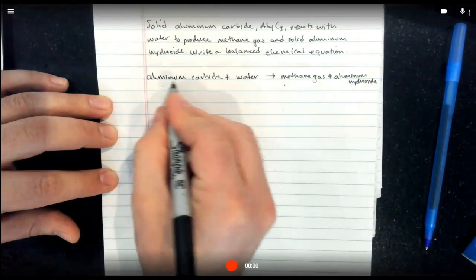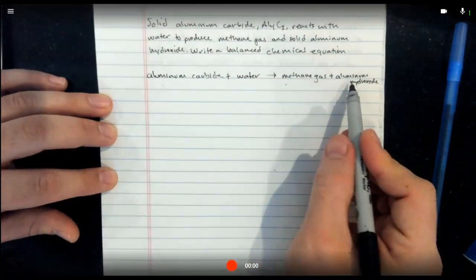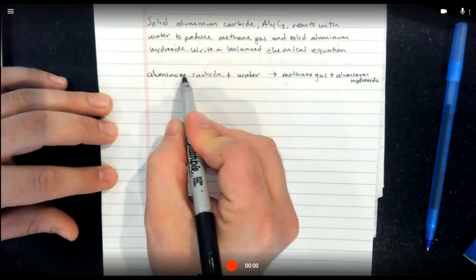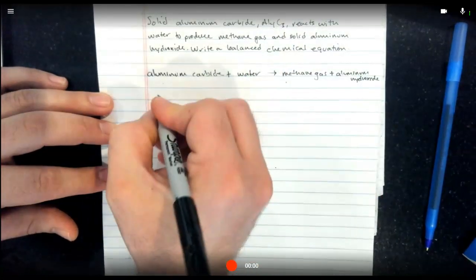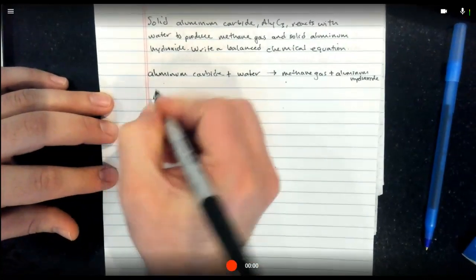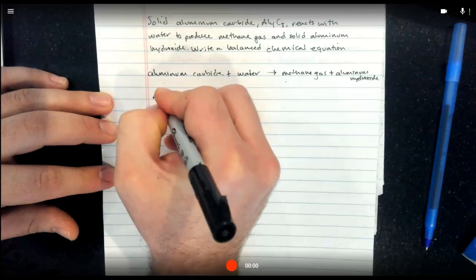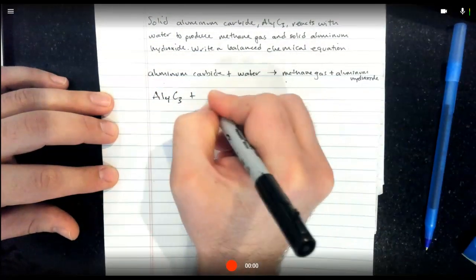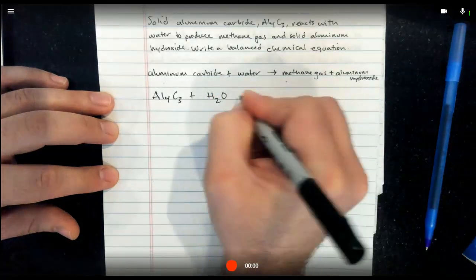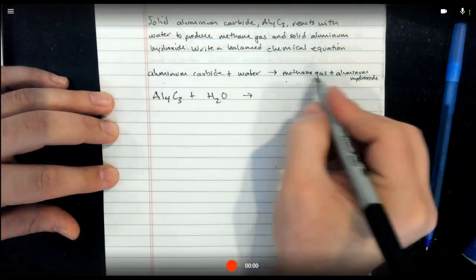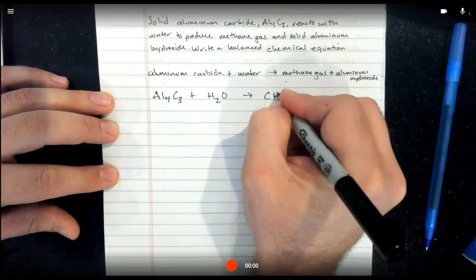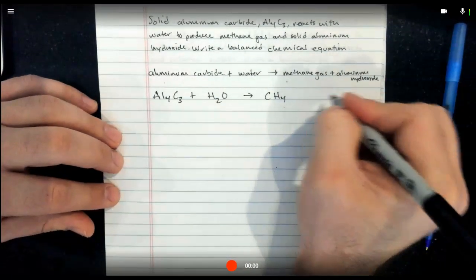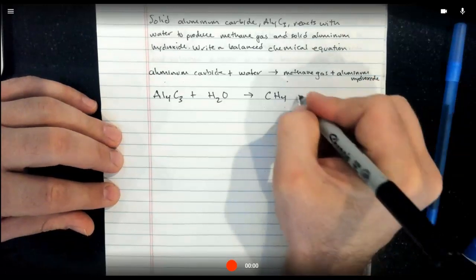So now that we have our word formula, let's go to the chemical formula. Aluminum carbide, we're told, is Al4C3. Al4C3 plus water, it's H2O, reacts to produce methane gas, CH4, and aluminum hydroxide.